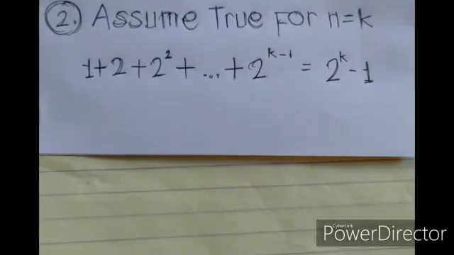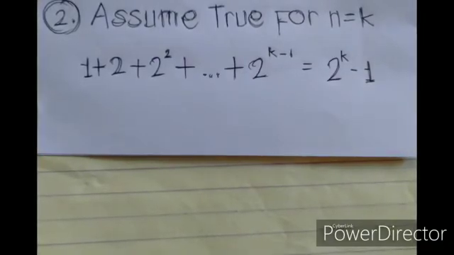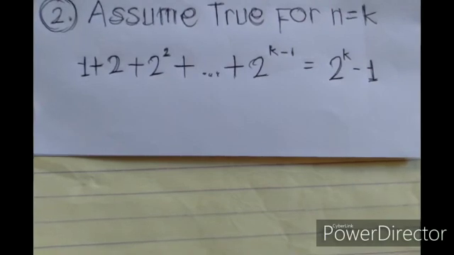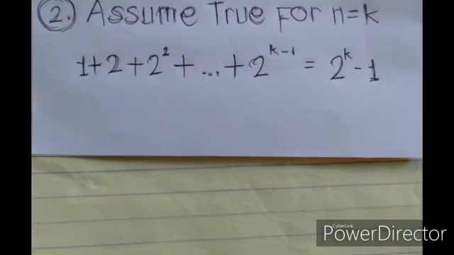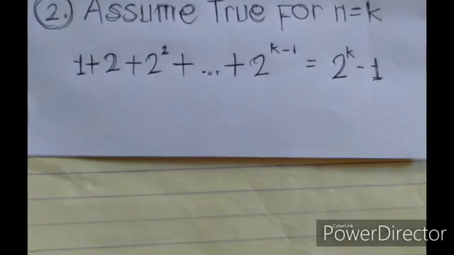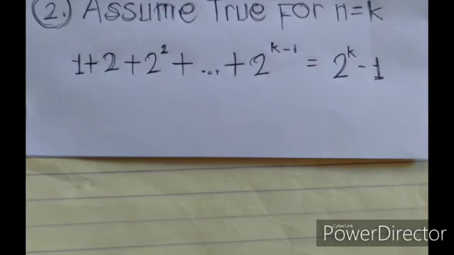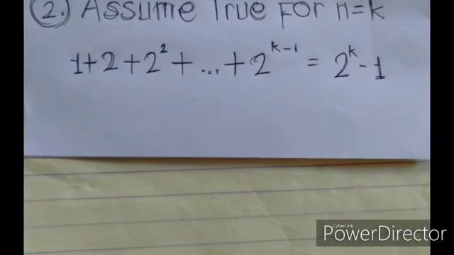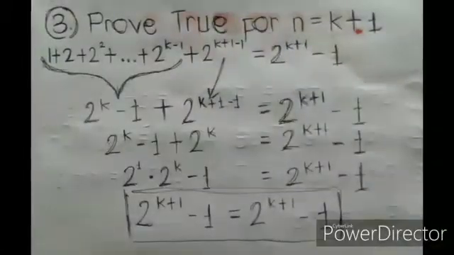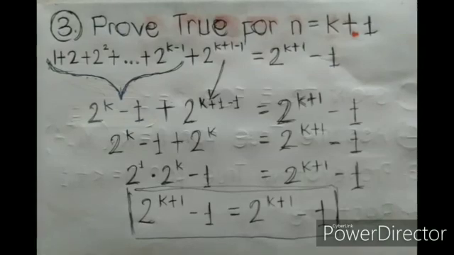Since we're just going to assume true for n equals k, then we're just going to substitute n with k. And the result would be 1 plus 2 plus 2 squared plus ... plus 2 to the power of k minus 1 is equal to 2 to the power of k minus 1. The third step is prove true for n equals k plus 1.